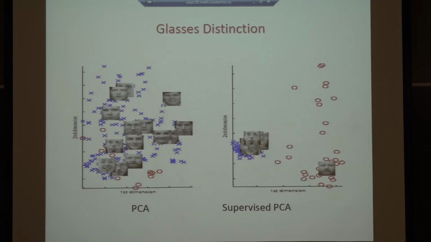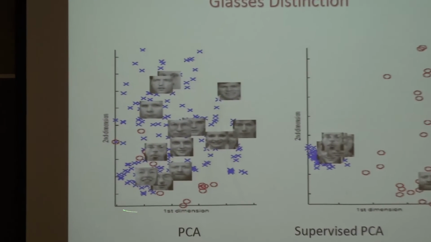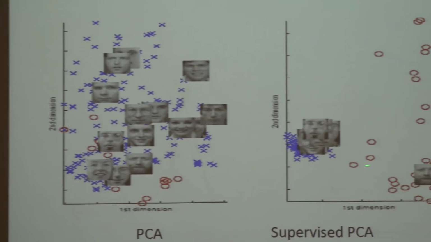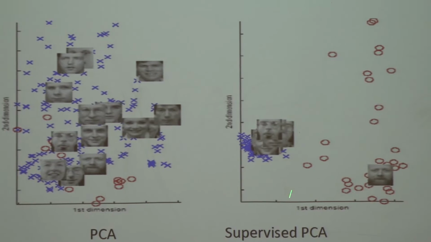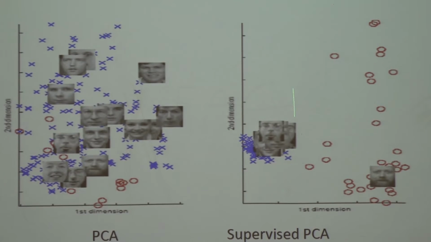Okay, so that's what PCA does. PCA is blind with respect to labels. But if I want to do glasses versus no glasses, I can do supervised PCA and come up with a mapping that gives me a very good distinction between these two classes when PCA doesn't.